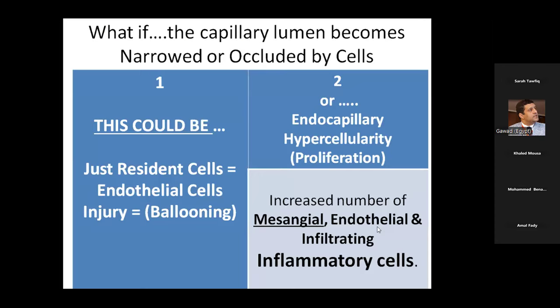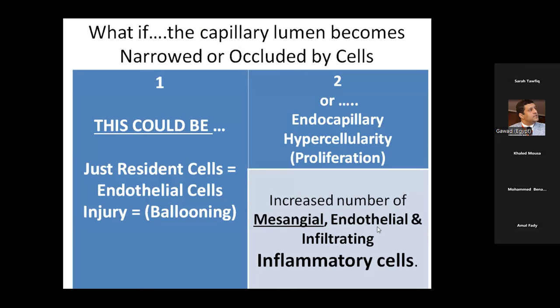So now the first thing that we said was that the glomerular capillaries should be empty. What if the capillary lumen becomes narrowed or occluded by cells? These cells could be just proliferation of the resident cells, which are the endothelial cells.